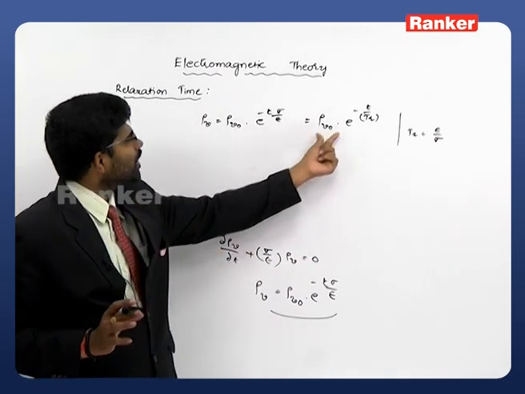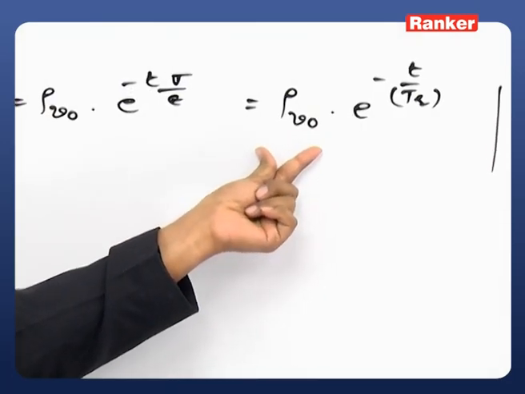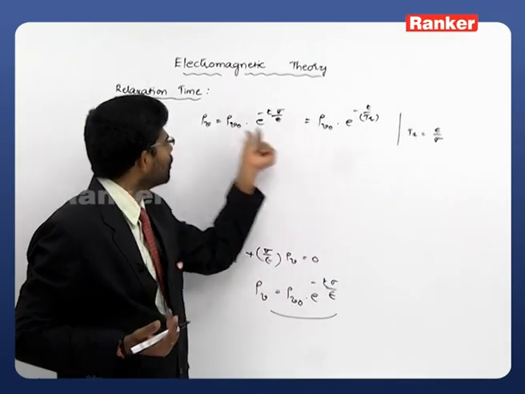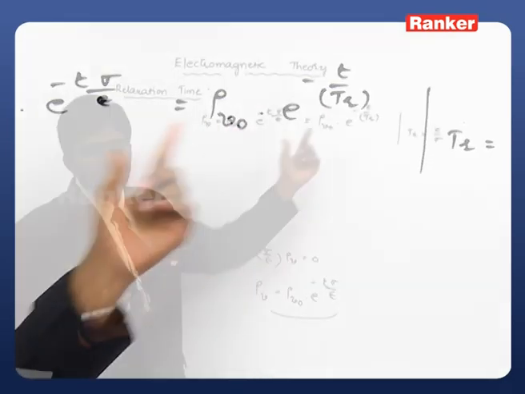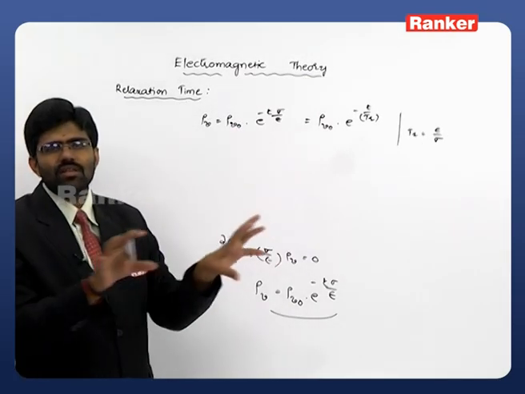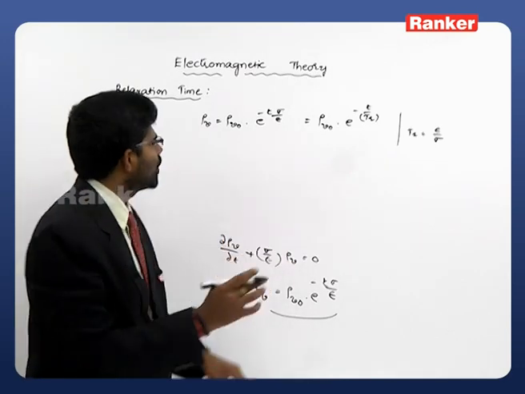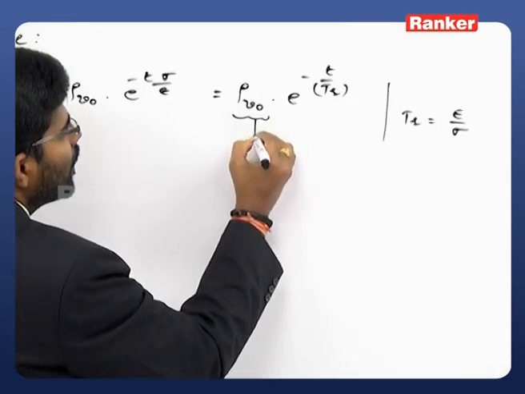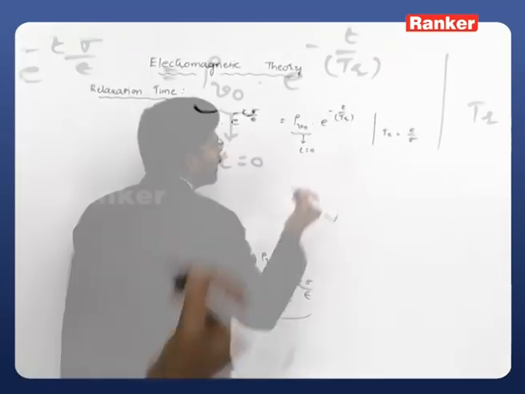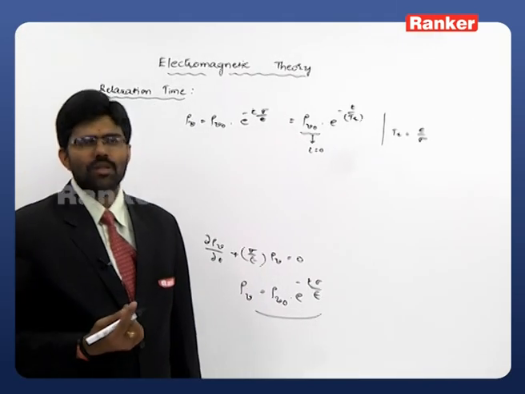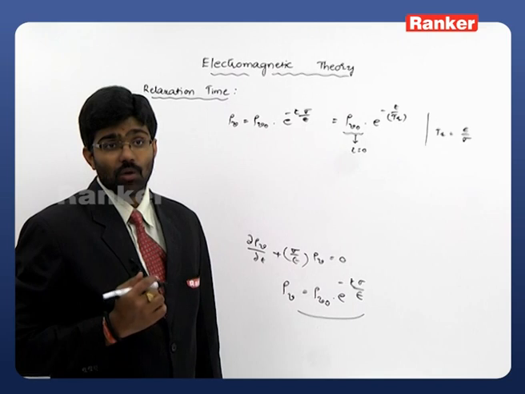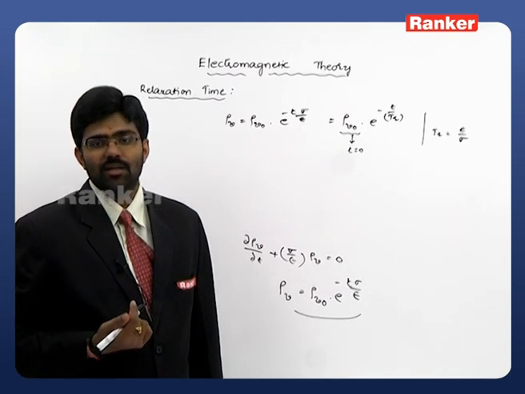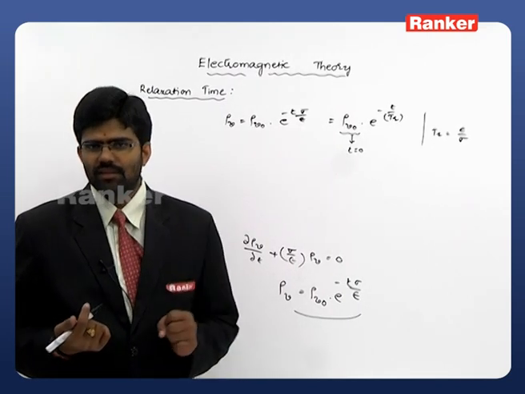Now what is this ρv0? ρv0 is the initial charge density. Whenever time t is equal to 0, ρv is equal to ρv0. Initially, without doing anything, we are observing the charge; that charge is nothing but ρv0. So this is our charge density at time t equal to 0. Now how was the relaxation time defined?